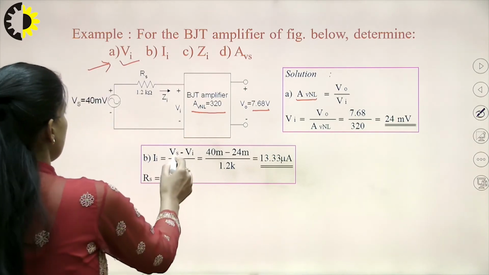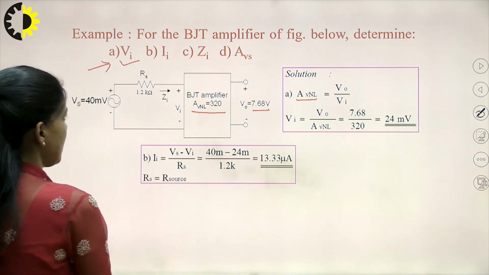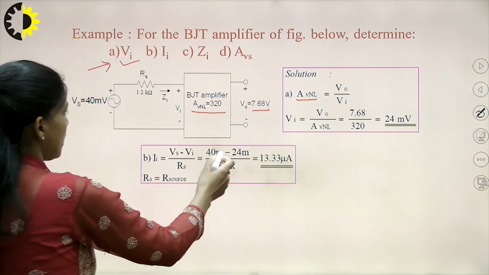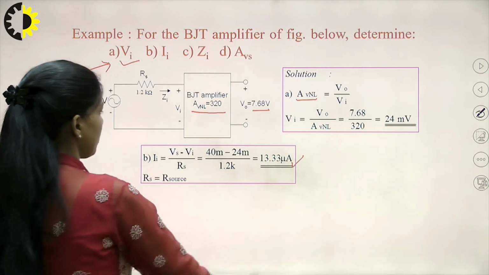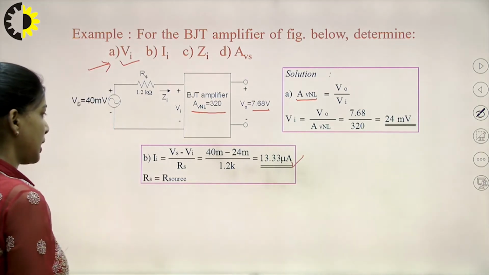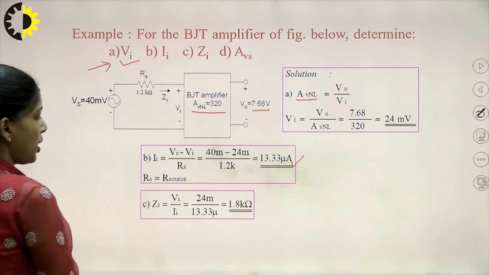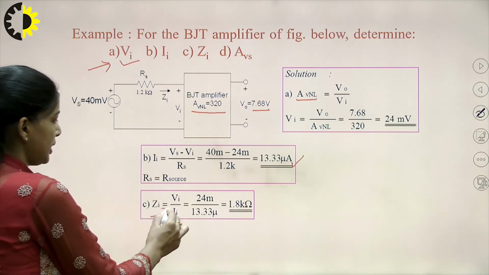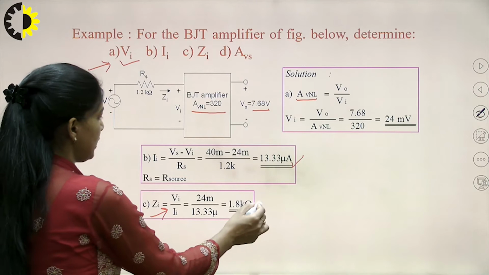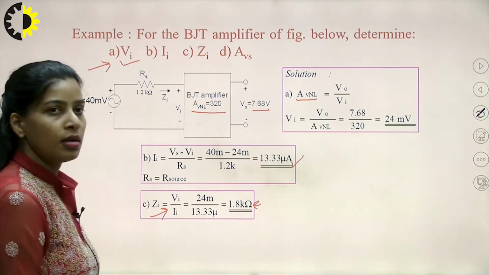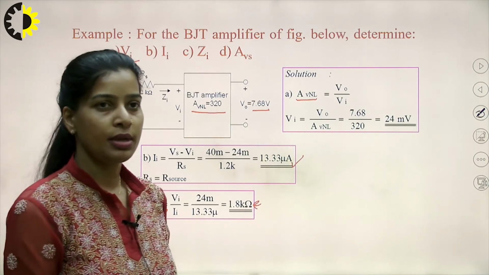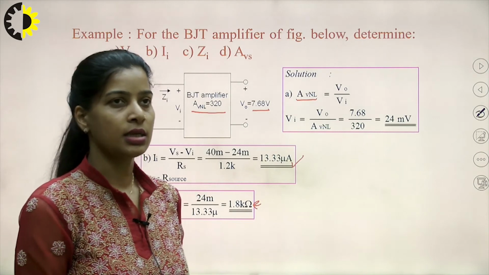Input current is (Vs minus Vi) upon Rs. All the values are known, so we can calculate this input current. Z input is V input upon I input, which we have already discussed. Putting the values, we get the numerical value of the input impedance as 1.8 kilo ohm.